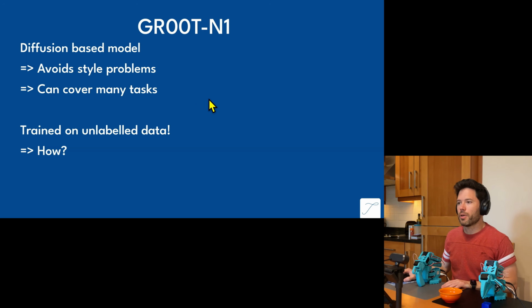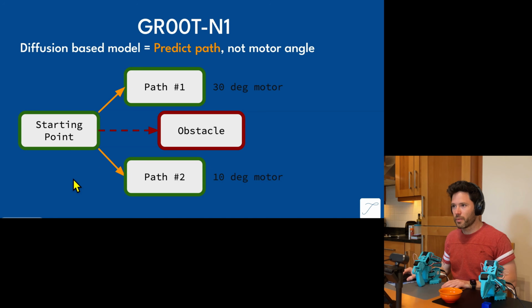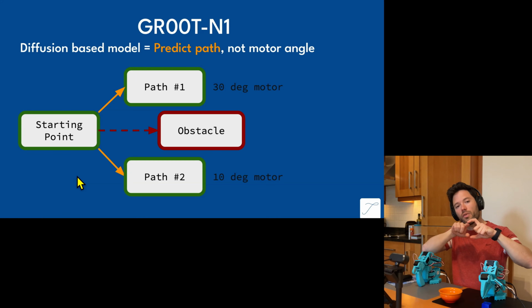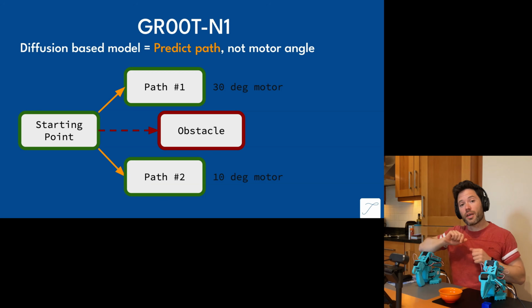But first, just a little bit on diffusion models and how they avoid this multimodal issue. You see, a diffusion model starts with noise. And the idea is to start off with noise and remove the noise, to clean it into a vector. That's a vector that represents a direction in which to move.